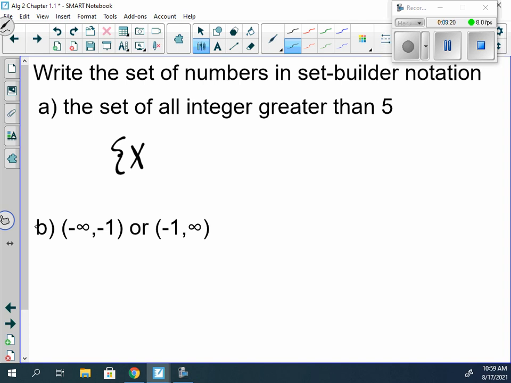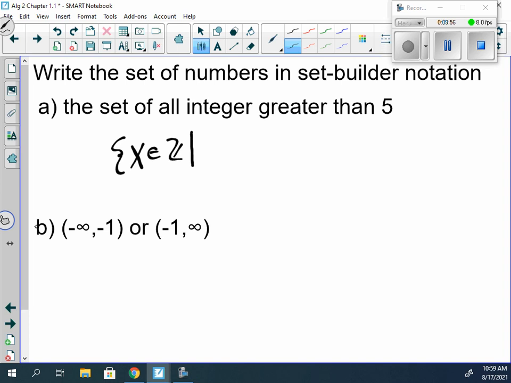Now, what kind of numbers are we talking about? So the set of all real, well, it's not all real numbers. X is an integer. Because I think the book likes it outside.